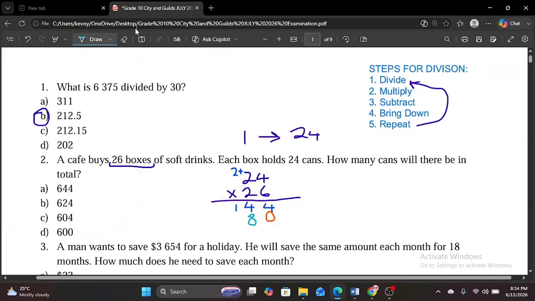And then we have 2 times 2, which is 4. Afterwards, all we have to do is add our digits together. So we're going to quickly add. 4 plus 0 is going to be 4.